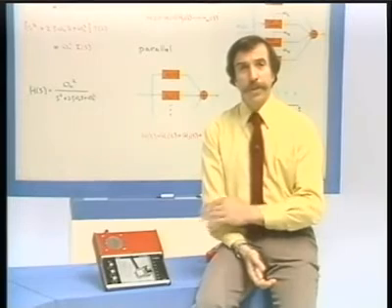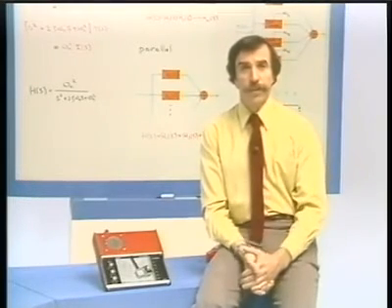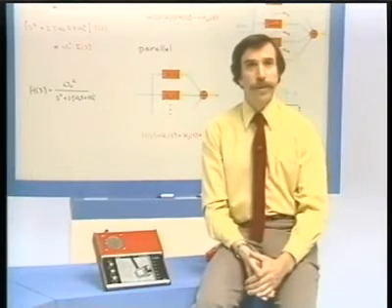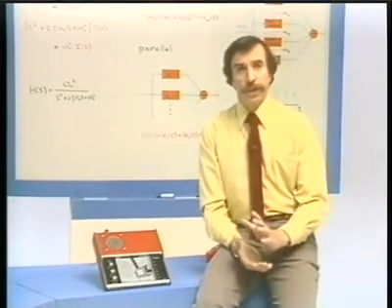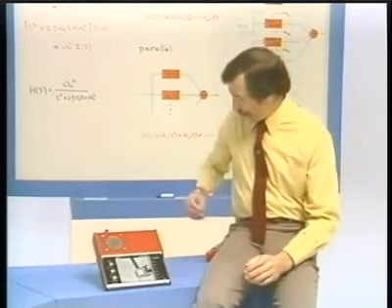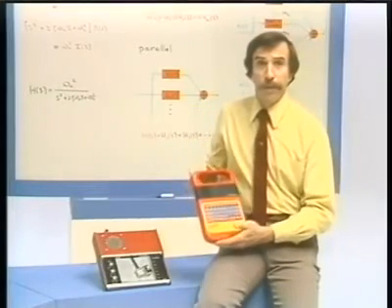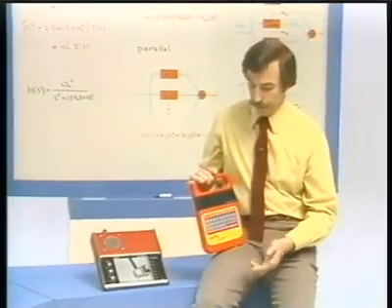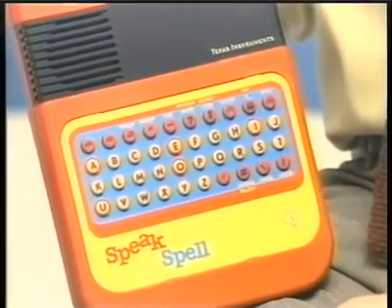Now, the system, as I've just demonstrated it, is, of course, a continuous time system or an analog speech synthesizer. There are many versions of digital or discrete time synthesizers. One of the first, in fact, being a device that many of you are very likely familiar with, which is the Texas Instruments Speak and Spell, which I show here.